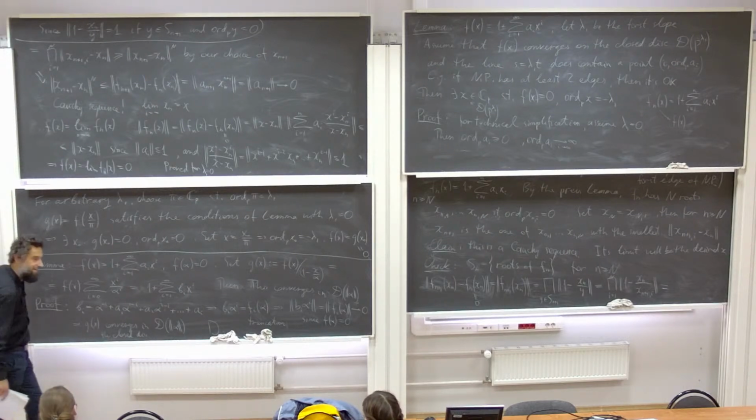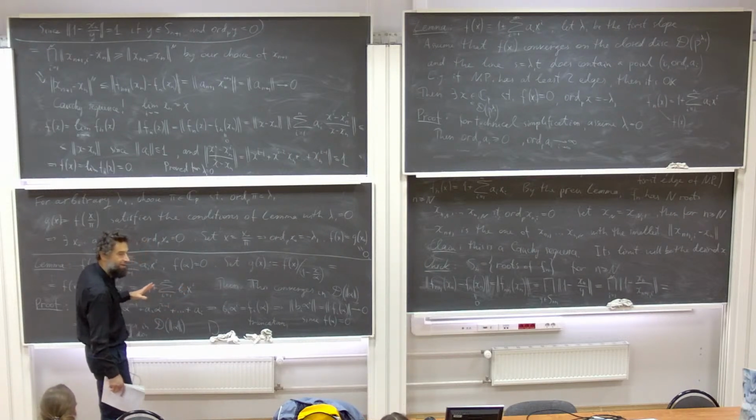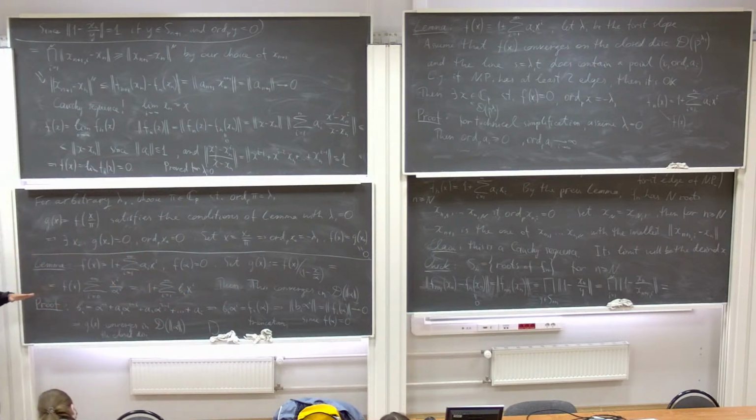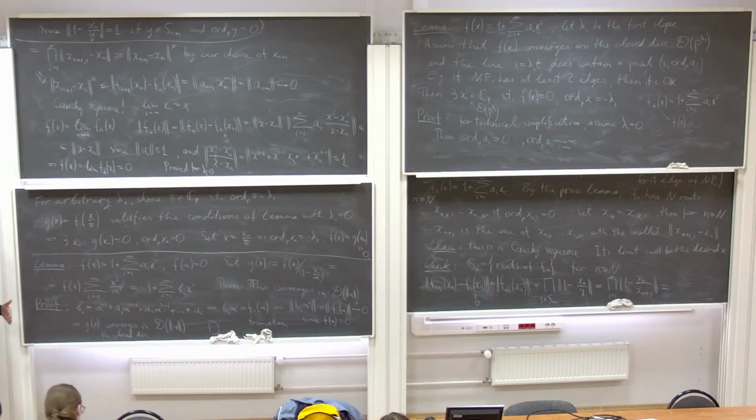So it says that any analytic function converging in a disk has only finitely many zeros in this disk, and you can find a polynomial with the same zeros. Then you divide and you obtain that the ratio will be an analytic function which is invertible, without zeros.